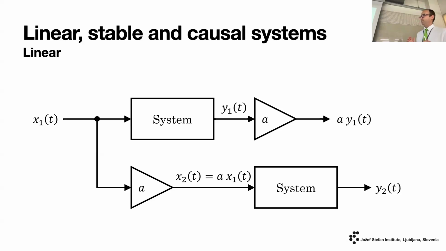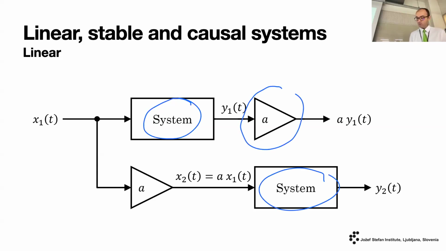So linear system means that the output is a linear combination of the input, which means that if this is the same system as this one, it doesn't matter where the multiplication is. I can multiply the output, or I can multiply the input. These two things will be identical.